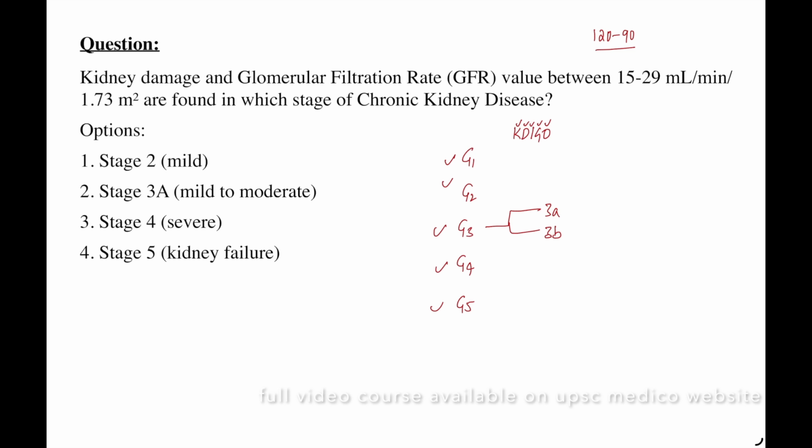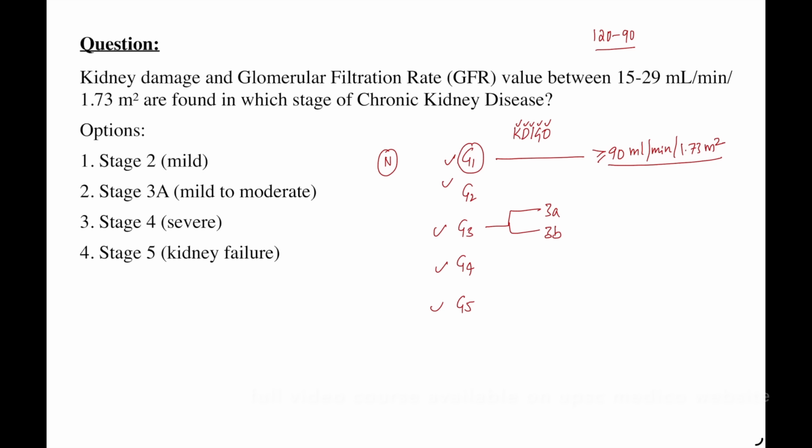If it is equal to or above 90, I'm talking about 90 ml per minute per 1.73 square meter body surface area, which is the standard that we take. If the value is above that, we are talking about normal or high GFR.